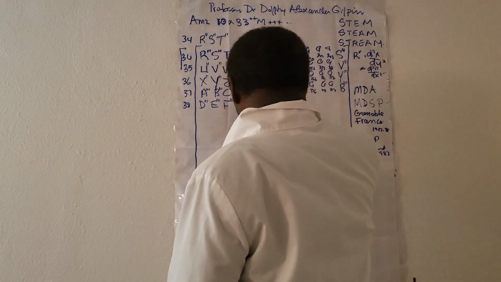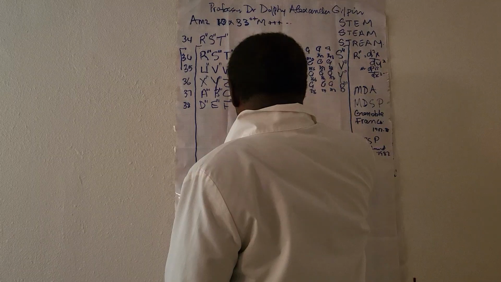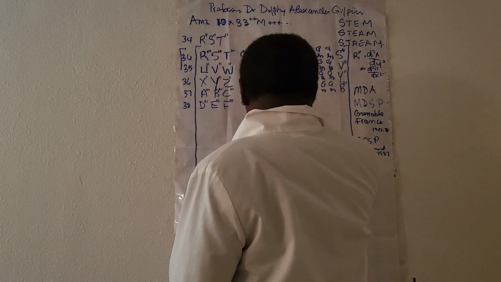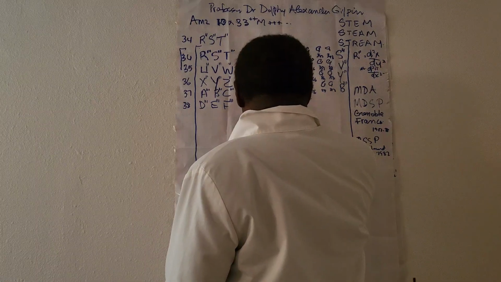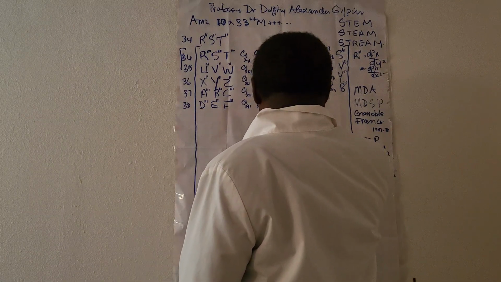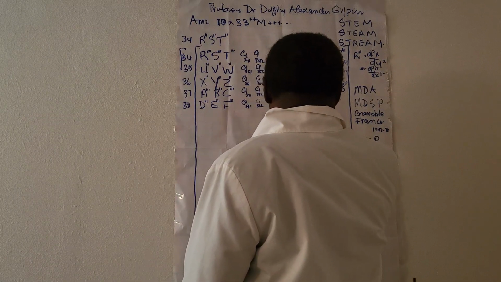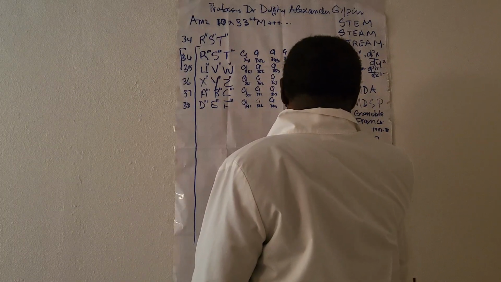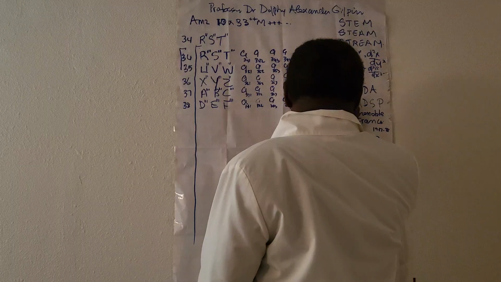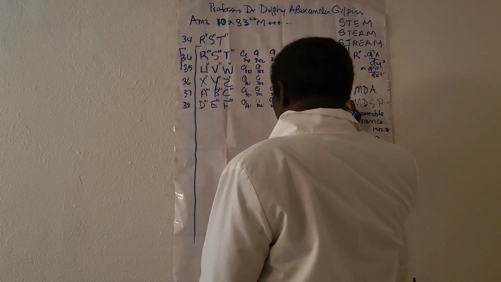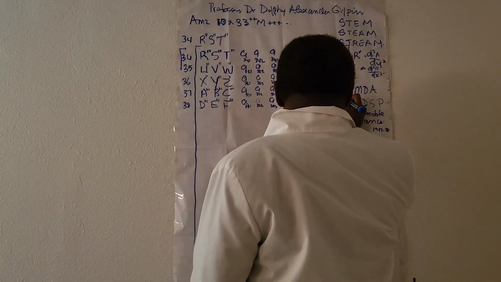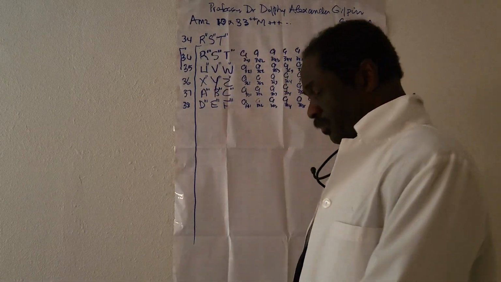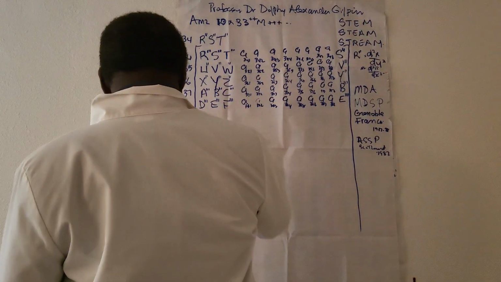And here we have now A38-1, A38-2, A38-3, A38-4, A38-5, A38-6, A38-7, A38-8, and that's now E triple dash. So we have now 39.